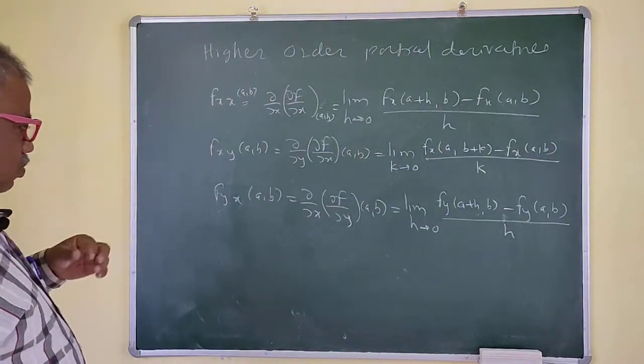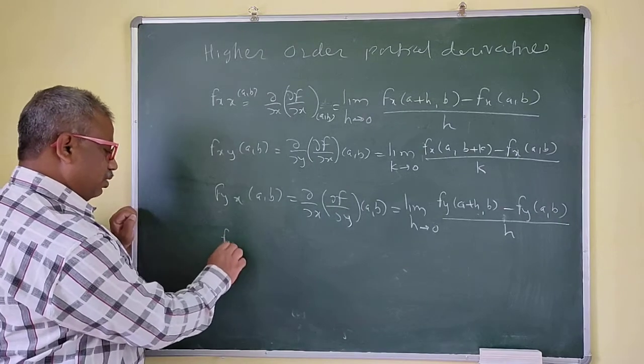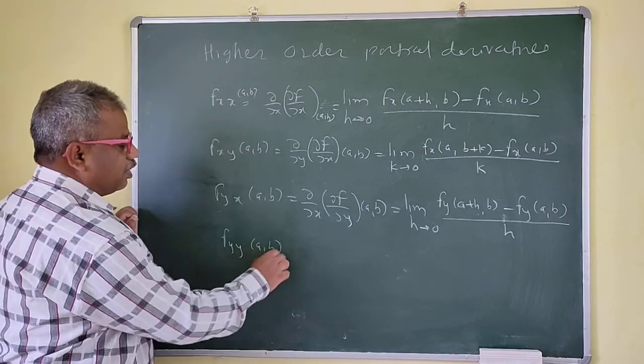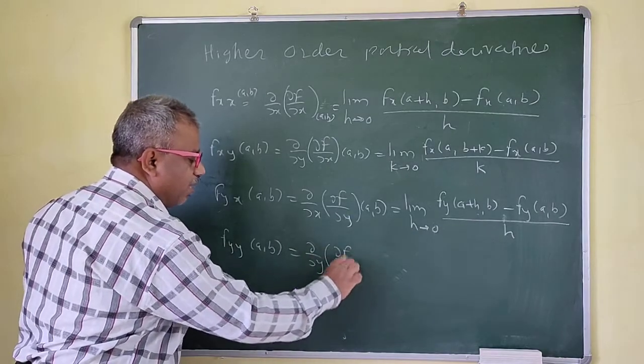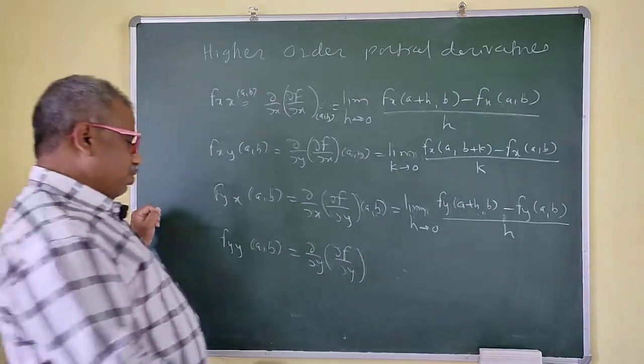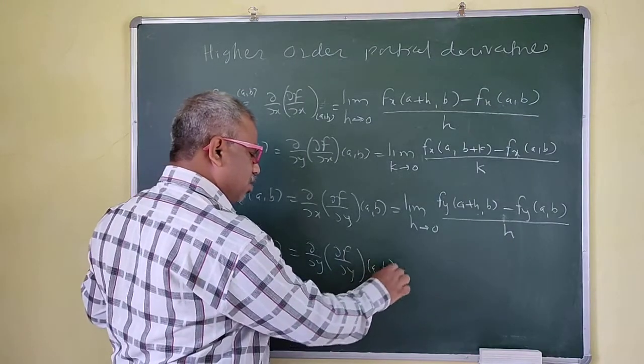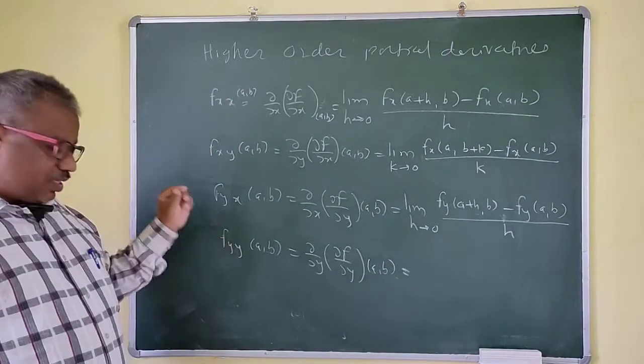Okay, so now fyy at (a, b) is nothing but dou by dou y of dou f by dou y at (a, b). So we are differentiating fy partially with respect to y.